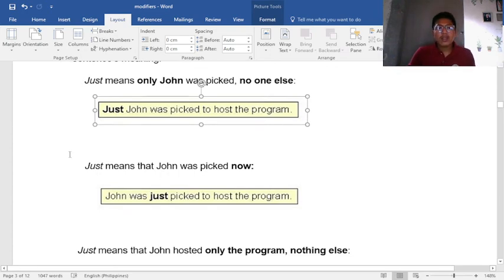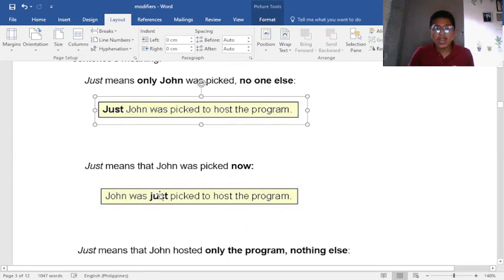Now, on the next statement, just means that John was picked now. In this particular statement, the subject is still John and we still use the word just, but it is being placed in another part of the sentence that creates a new meaning or new function.